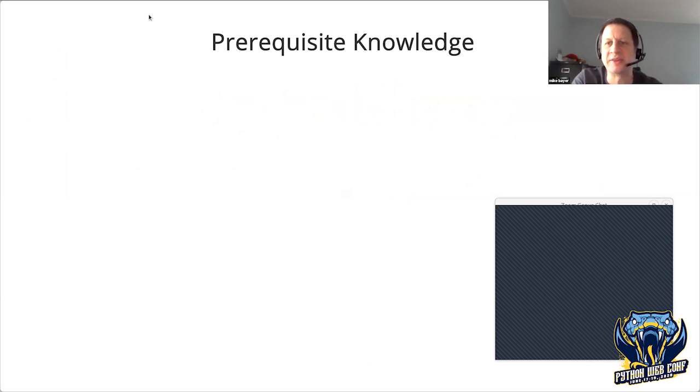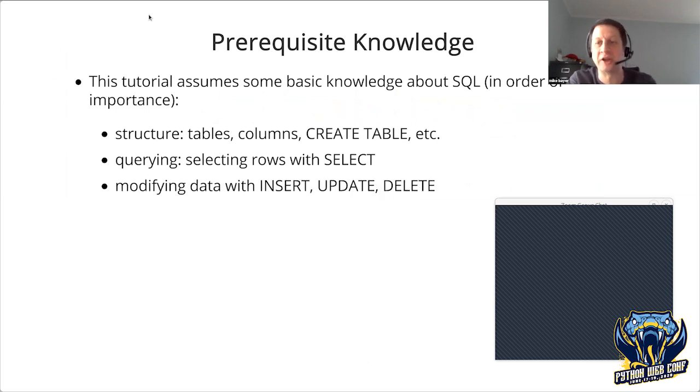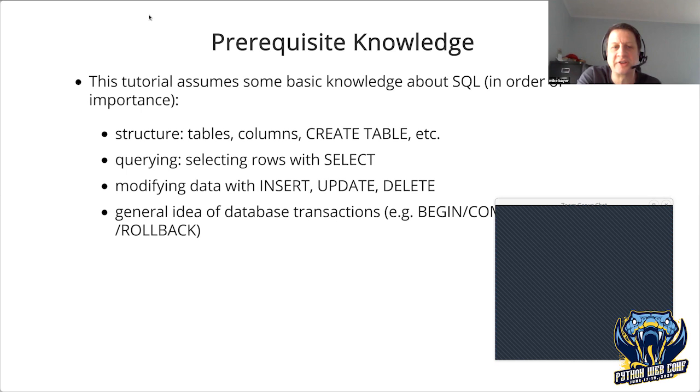Prerequisite knowledge. When we do this talk more formally, there are some things that are good to know that would make the talk more understandable. Basic knowledge of SQL, in order of importance: if you know about create table, how tables work, columns, querying rows with select, modifying data with insert, update, delete, that is good to know.